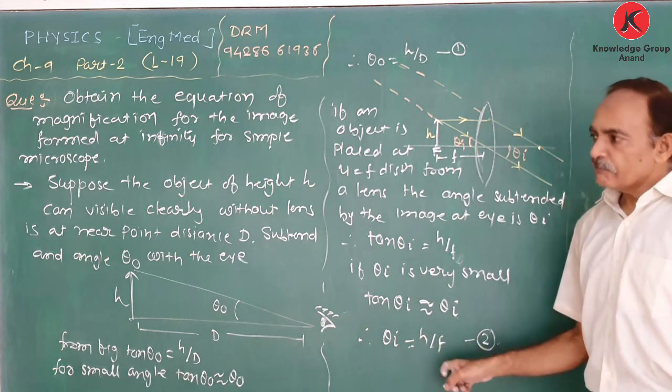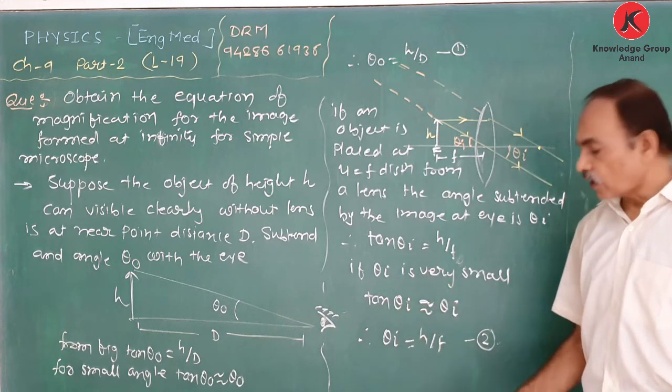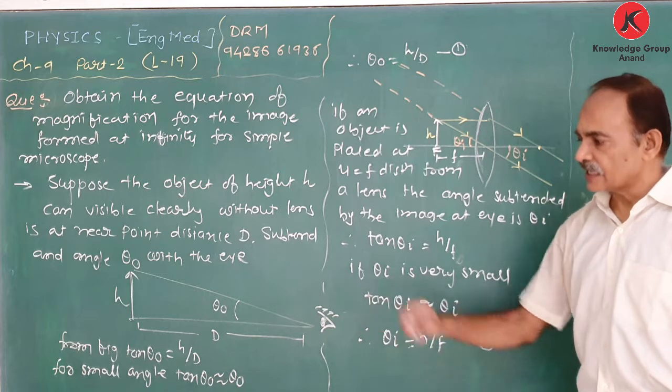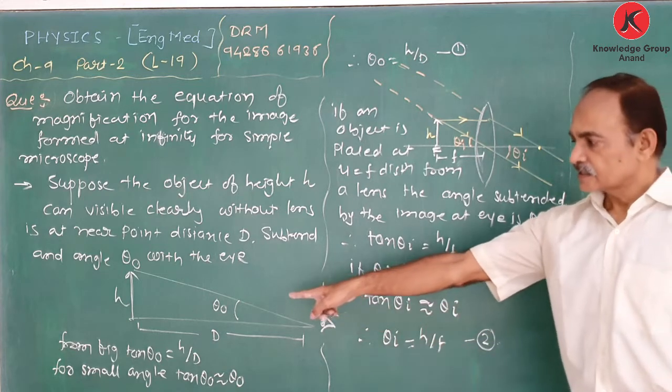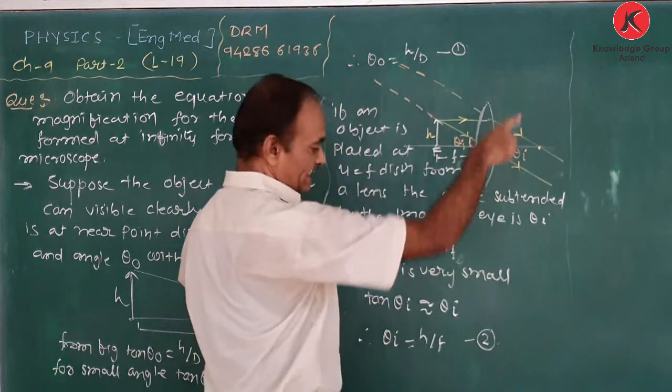Therefore, the angular magnification for a simple microscope is the ratio of theta I to theta 0, that means the angle subtended by the object. Now listen here.